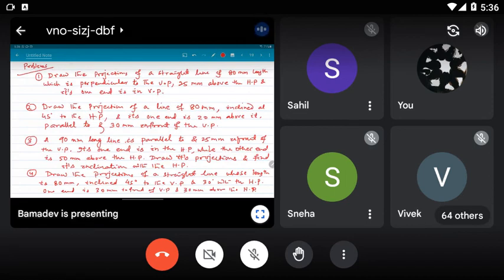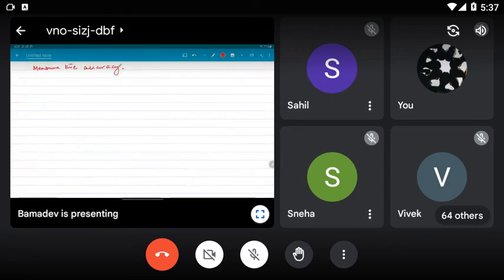Please note down these problems and solve it on sheet number 3. One thing I must clarify here, measure the accuracy. What does it mean? You can see on this part.